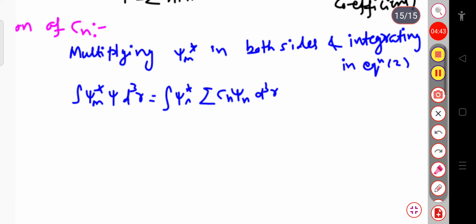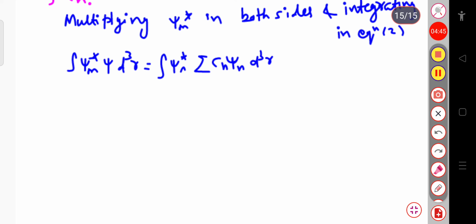Now since Cn is constant, we can take it outside of the integration. So this will be the sum over n of Cn times the integration over psi m star into psi n d tau.